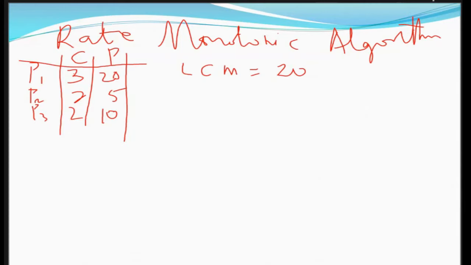So how do you determine the priority? Now with rate monotonic, you consider the one with the least period. The process with the least period is P2, is that not so?